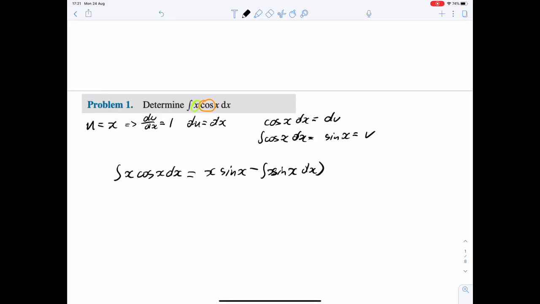Then we can integrate and simplify to get x sine of x minus the integral of sine x dx, which is the same as minus minus cos x. Then put this together to get x sine of x plus cos of x, and remembering about the constant of integration, plus c.